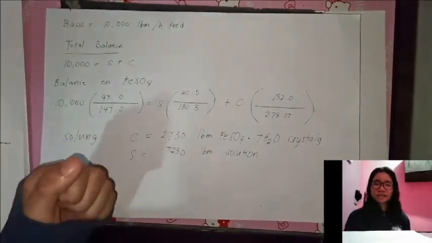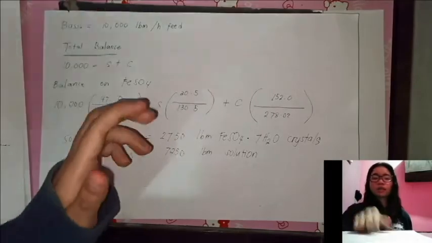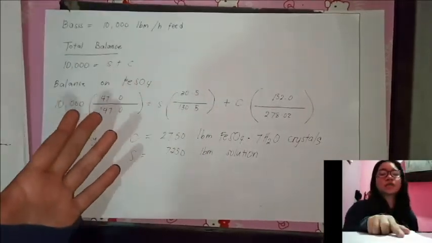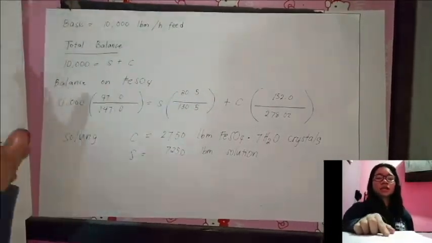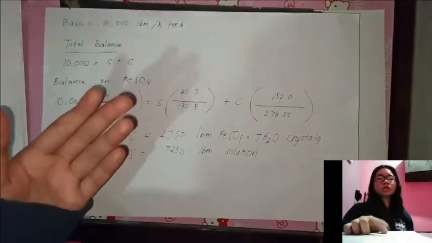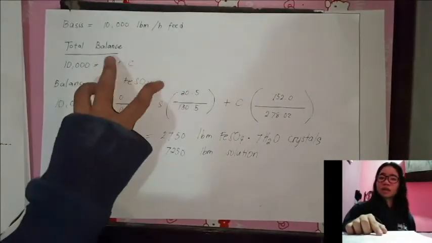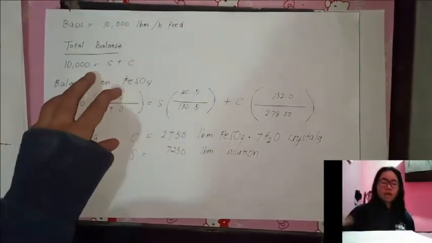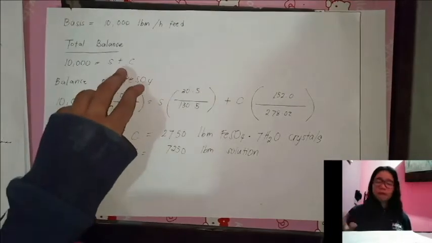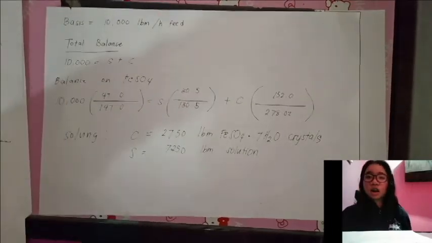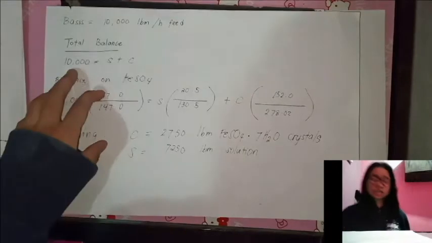For the balances, first we make the total balance. Total balance: 10,000 equals S plus C, which is feed equals the mother liquor plus crystals. Then, on batch balances, we consider the iron sulfate balance.